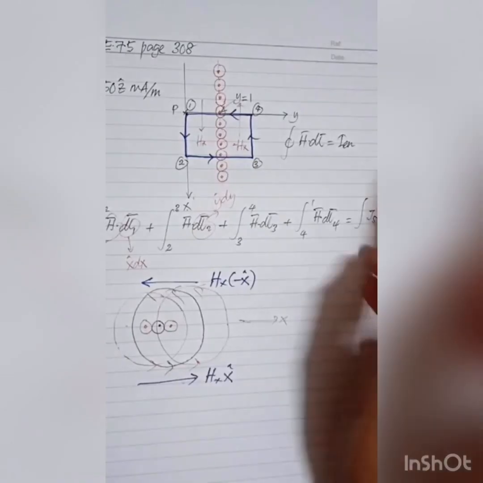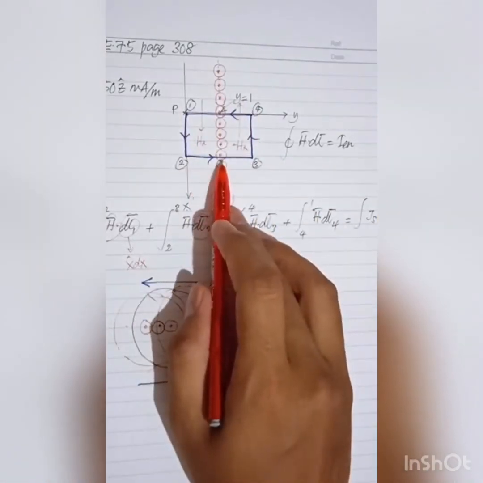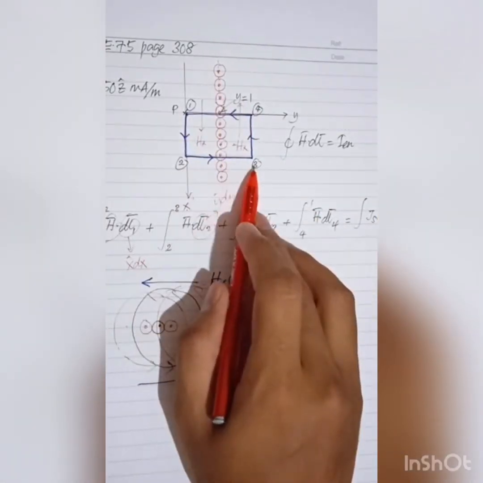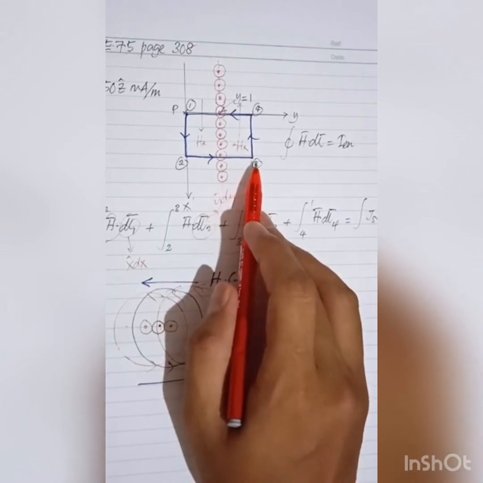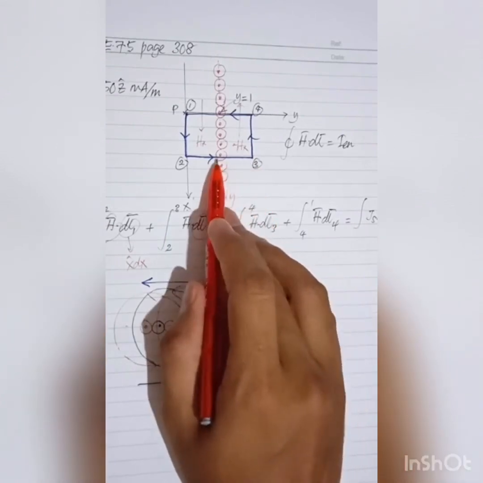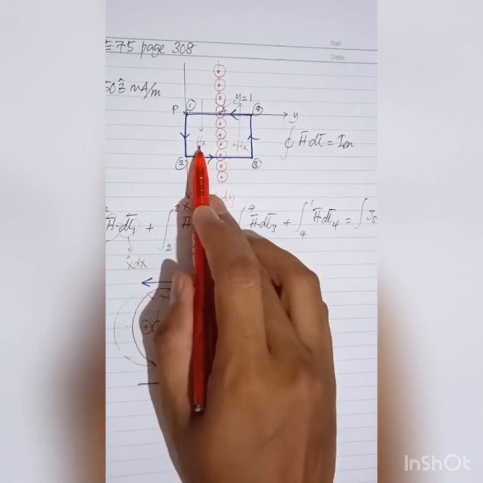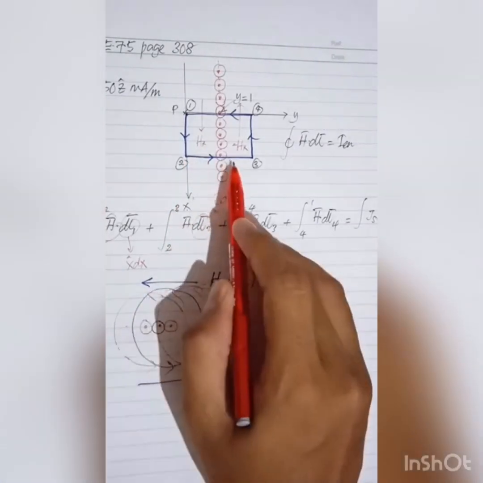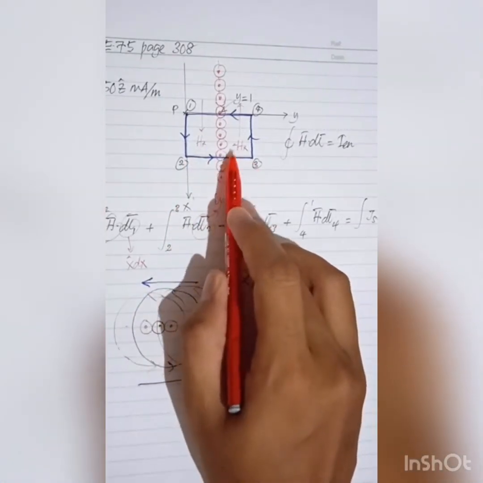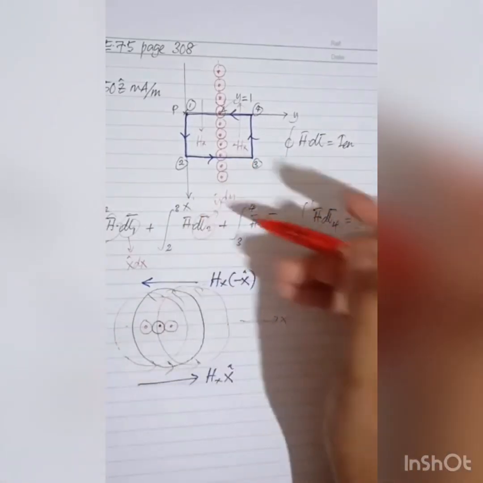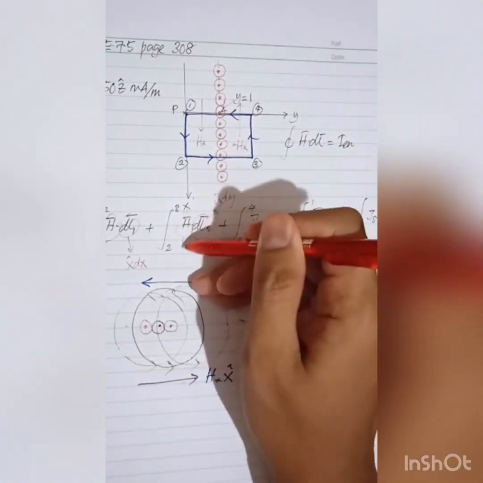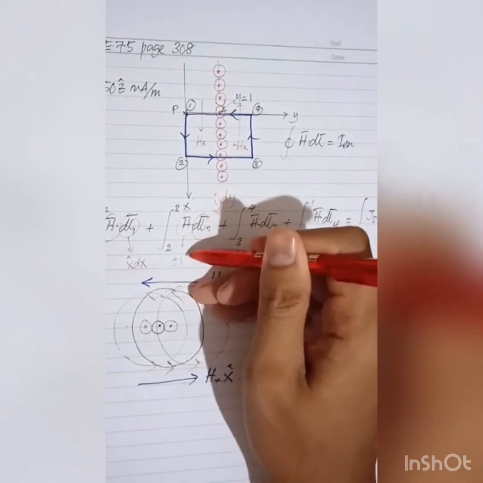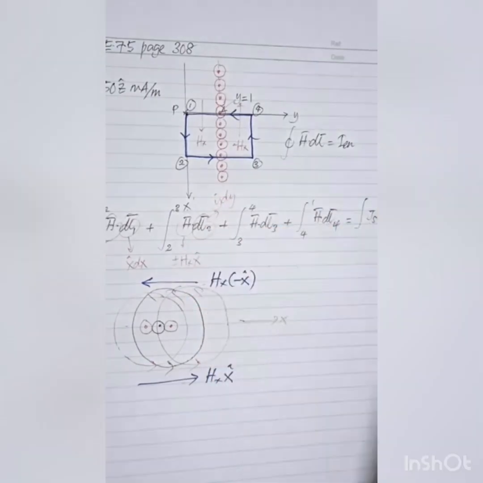If you see closely from this diagram, from point 2 to point 3, we have two types of H field. For the first one, from this side, the H field is in the positive x direction, and for this side, the H field is in the negative x direction.